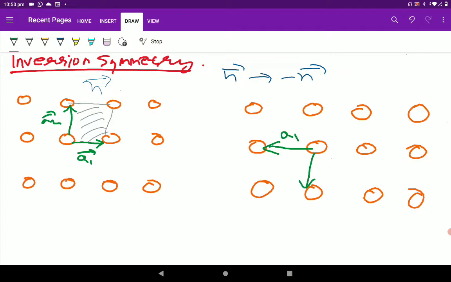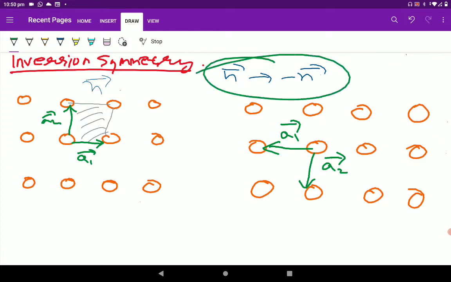So this is the a1 vector, and this is the a2 vector. This is the main key point. Now this cell will look something like this. This is the inversion symmetry of this arrangement. You should remember that the inversion symmetry is always present in all Bravais lattices.